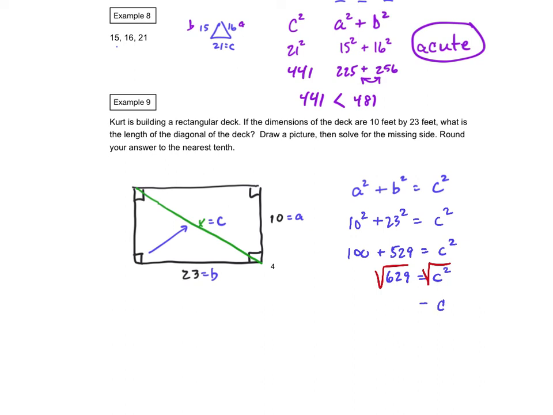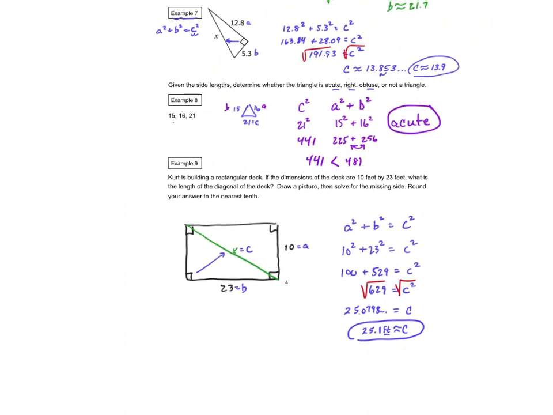And C is going to be equal to the square root of 629, which is 25.0798, and it keeps going, so we will round. So C is going to be approximately 25.1, rounding to the nearest tenth. 25.1 feet. There we go, 25.1 feet.